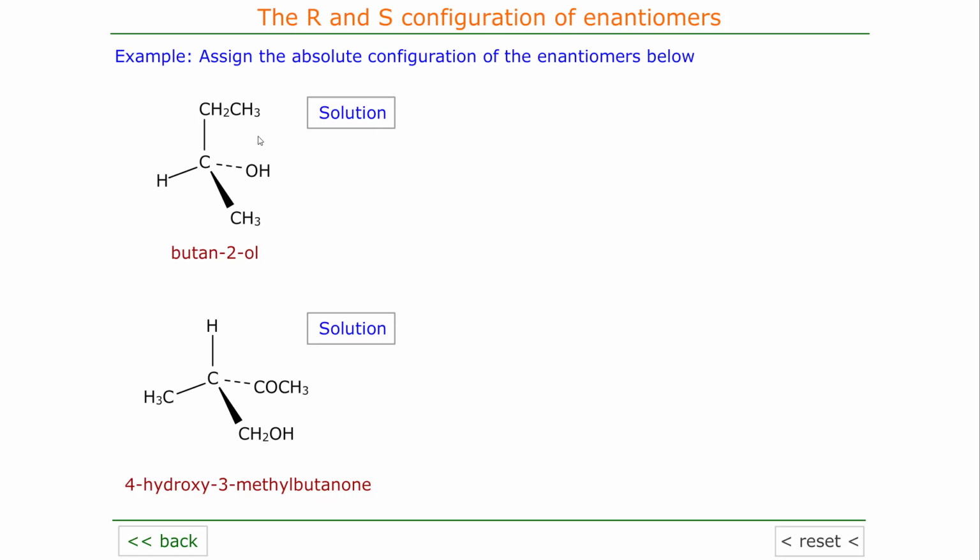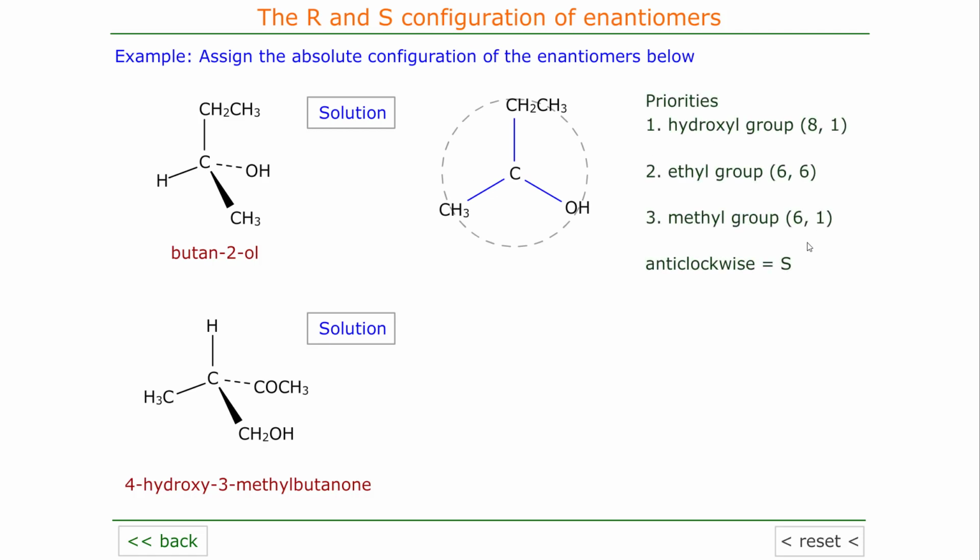So the OH group takes the highest priority because that's 8. The ethyl group is a 6 with a 6 attached, whereas the methyl group is a 6 attached to a 1. So the priorities move in an anti-clockwise direction, so this would be S for sinister. You can see the picture we have here, and we rotate them round, priorities anti-clockwise, S for sinister.